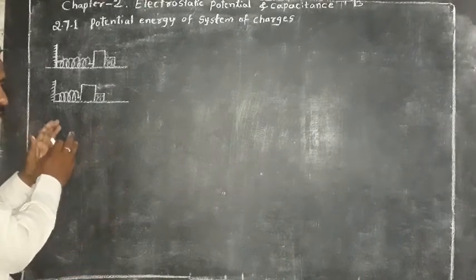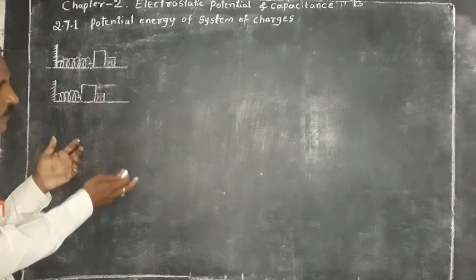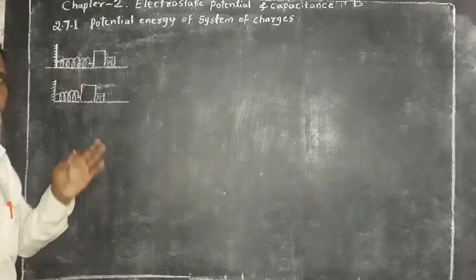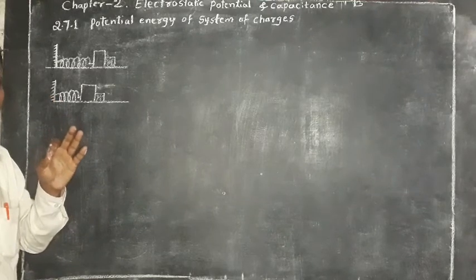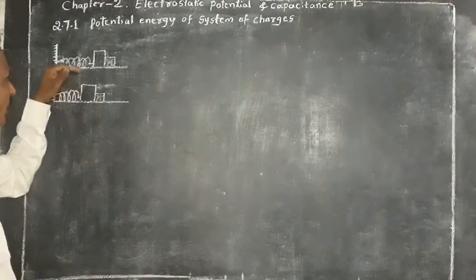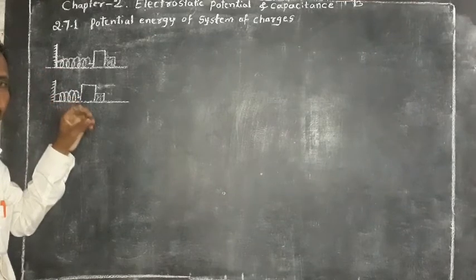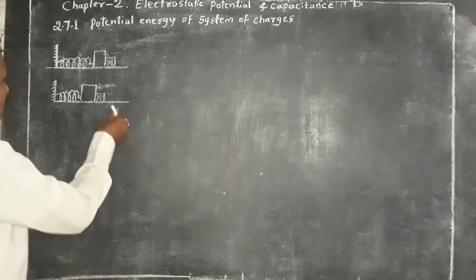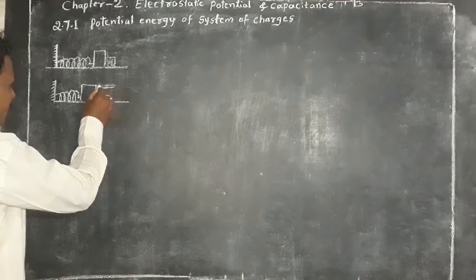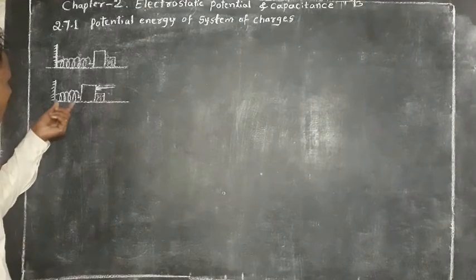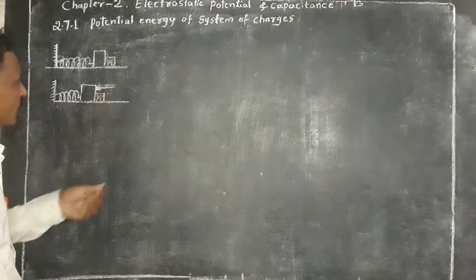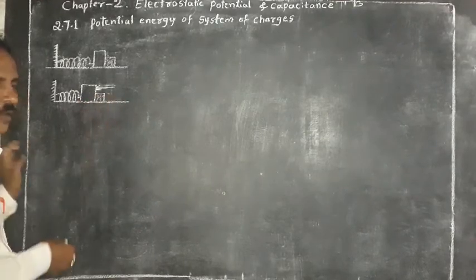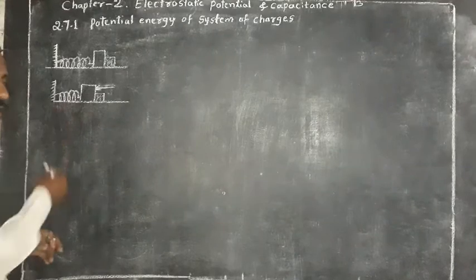In the compressed state or in the elongated state, the spring acquires some energy, or an opposite force is developed in the spring, and that is called spring force. Therefore, when a spring is compressed, the compressing force acts on it, and work is done by the external force.